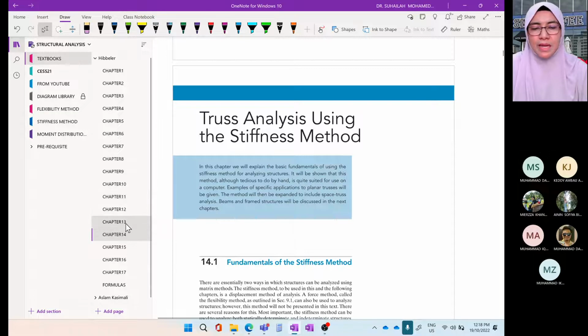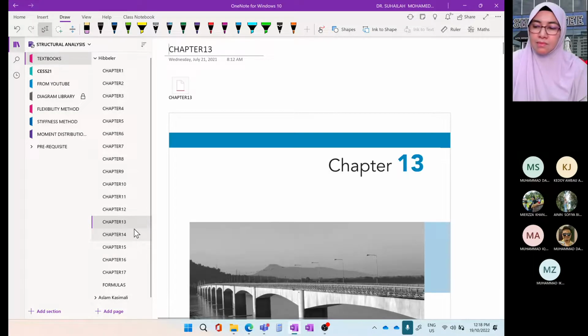Yang ni topik paling senang untuk score actually dalam this course. Sebab dia dah tak perlukan you write moment equation, tak perlu letak sign convention, sebab kita pakai formula which is based on matrix. Okay, nanti solution dia it is just simple matrix multiplication. Cuma dia ada banyak term yang you nak kena faham.